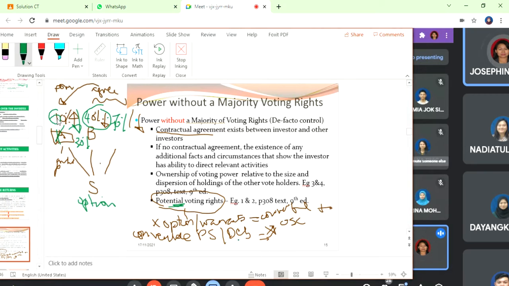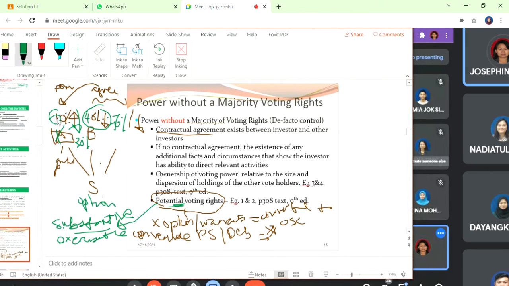rights becoming substantive. In order for this to happen, these potential voting rights must be substantive. Typically, the rights must be exercisable during the time that they are able to exercise their rights.